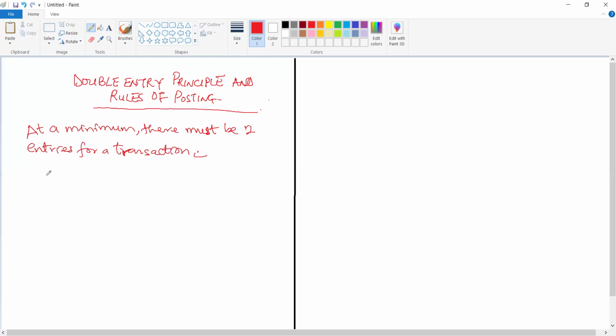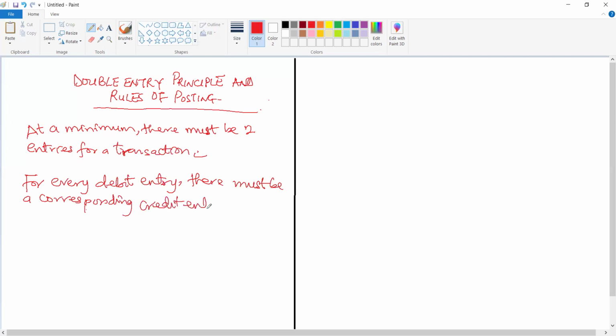Now, what is the rule of double entry itself? As established by Luca Pacioli, he explained to us that our double entry rule is, for every debit entry, there must be a corresponding credit entry, and vice versa.